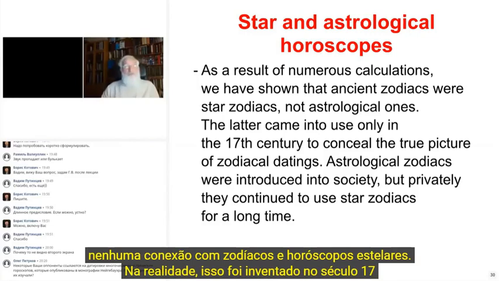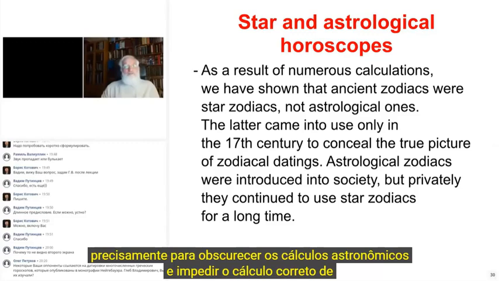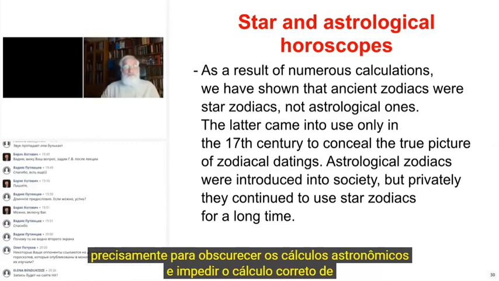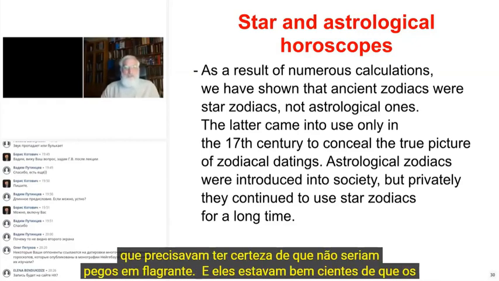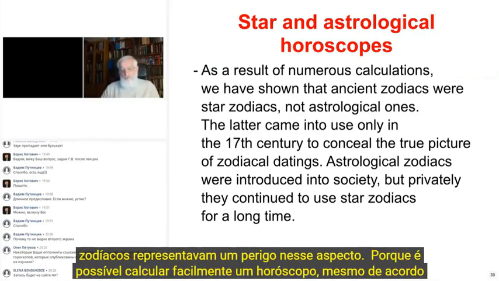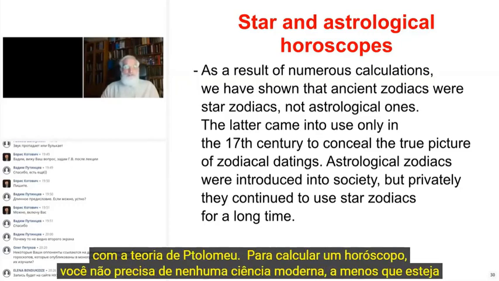In reality, this was invented in the 17th century precisely to obscure astronomical calculations and prevent the correct calculation of ancient dates. Because at that time, the people who devised the Scaligerian chronology understood that they needed to make sure they wouldn't be caught red-handed. And they were well aware that zodiacs posed a danger in this regard. Because one can easily calculate a horoscope even according to Ptolemy theory.